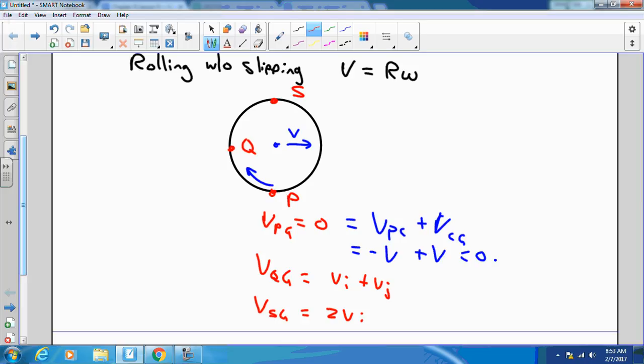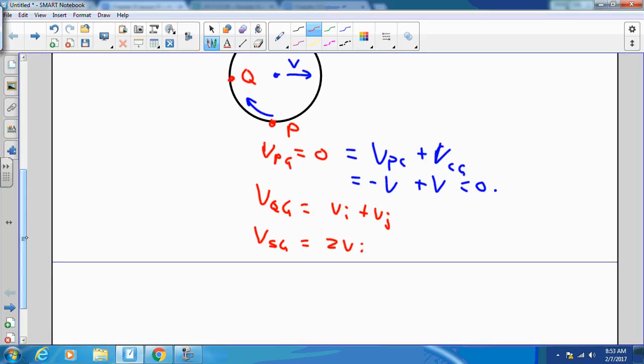So the speed of a point at the top here is going to be twice the speed of the center of mass relative to the ground. So those are the kinematics of rolling without slipping. And now what we'd like to do is to take a look at energy considerations.